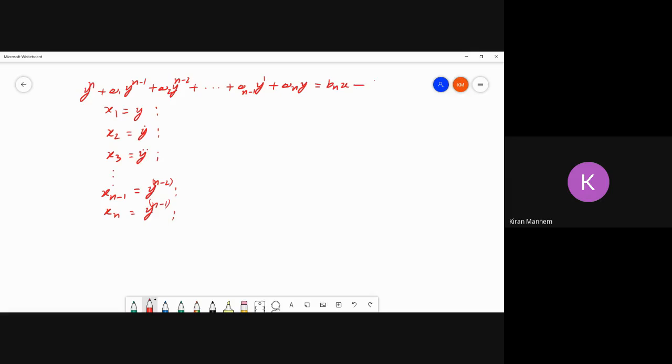So this is your equation, in which the forcing function does not have any derivative terms, right?